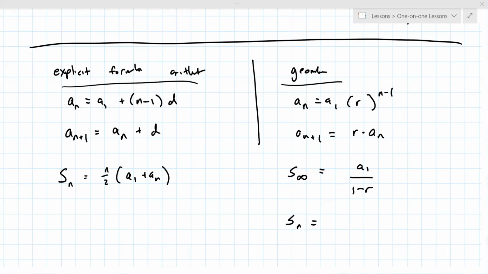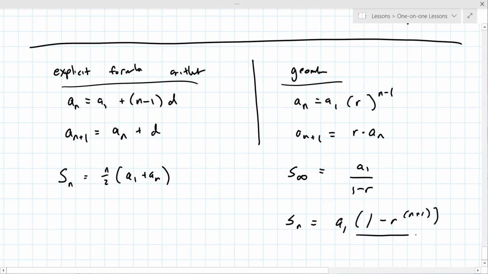Geometric series, non-infinite sum. So it's a1 times 1 minus r to the n plus 1 power over 1 minus r.